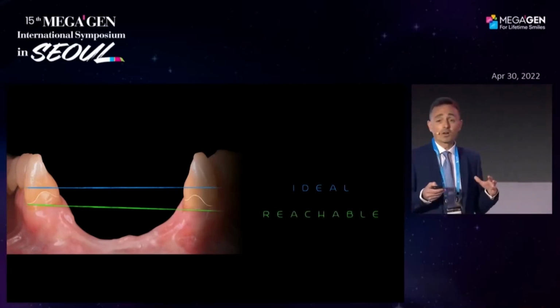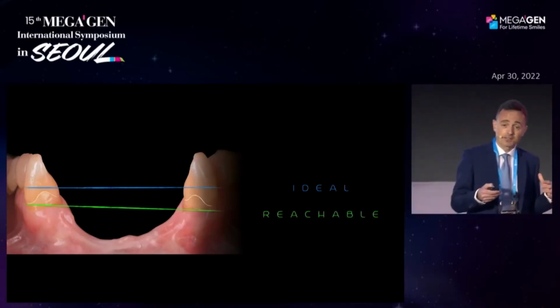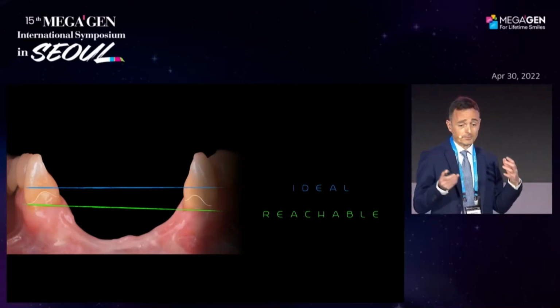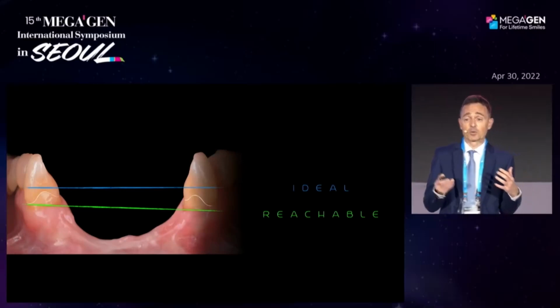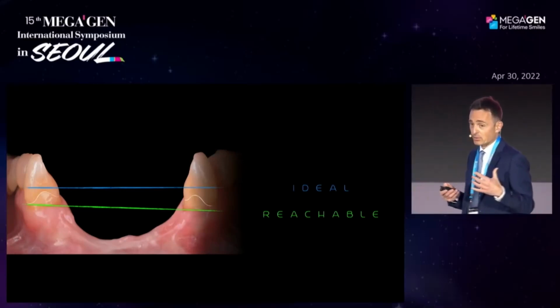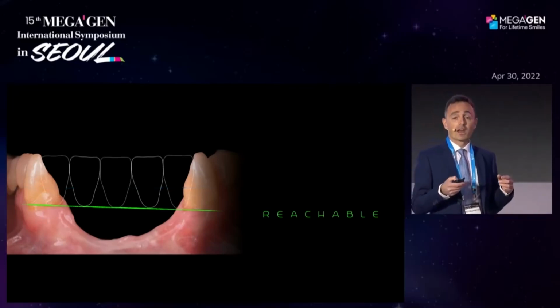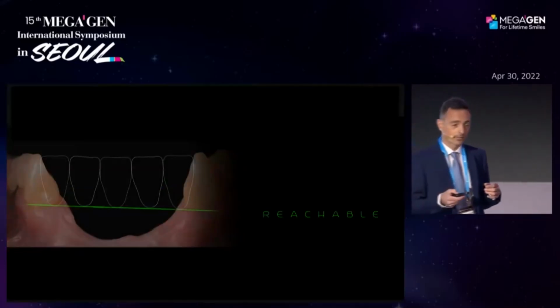But I don't want to do this, so I decided to tell the patient that the only reachable line is the green one. So at the end, we will have longer teeth.